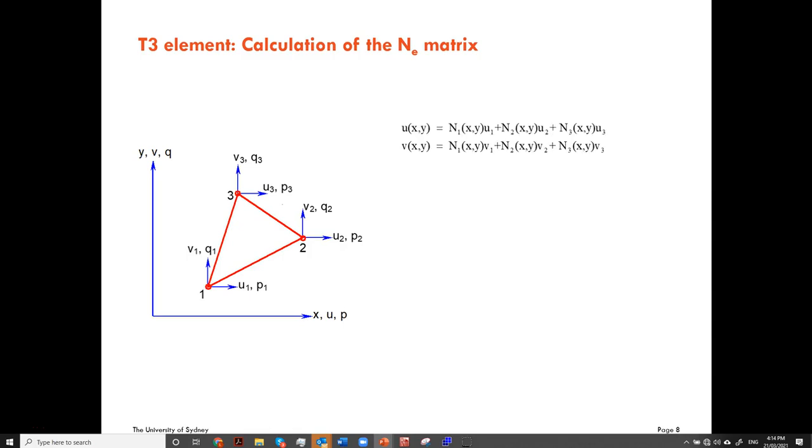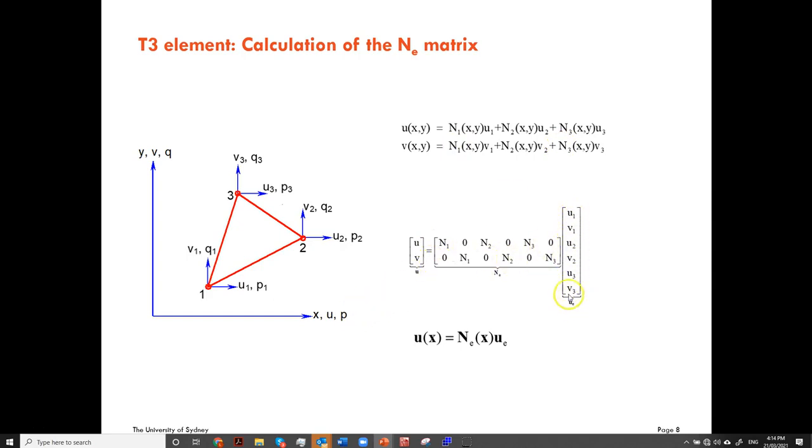So here we assume that both displacements can be linearly interpolated from the nodal displacements in the respective directions, and then I can write these two expressions like this. The first equation corresponds to this first row multiplied by this column, and the second equation corresponds to the second row times this column.